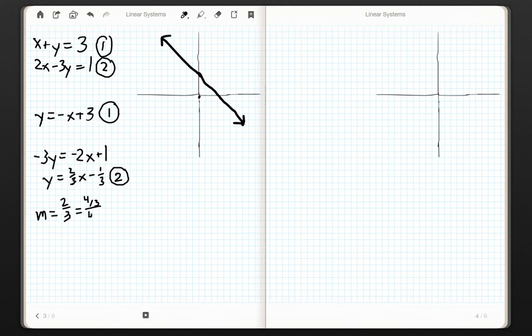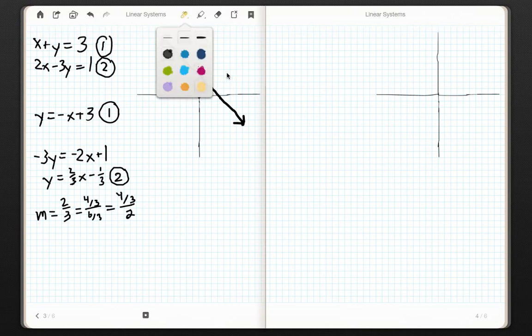It needs to be 6/3, because 2/3 is the same thing as 4/6. And 6/3 is the same as 2. So we have a change in y of 4/3, change in x of 2. So we go up by 4/3, right by 2, and we'll be right there.